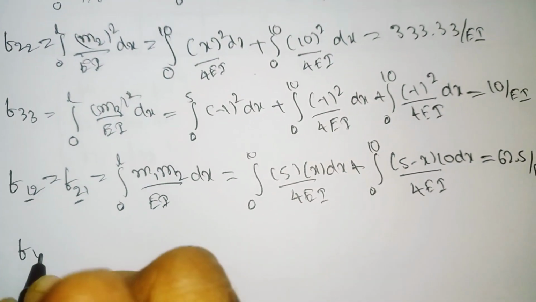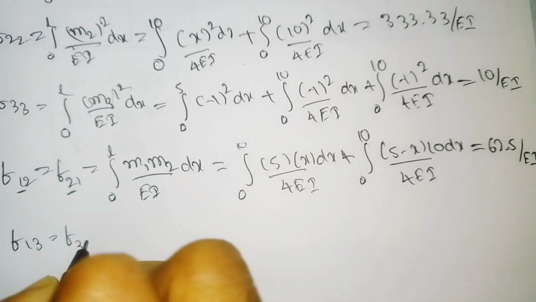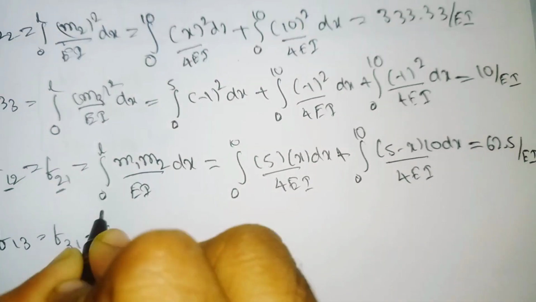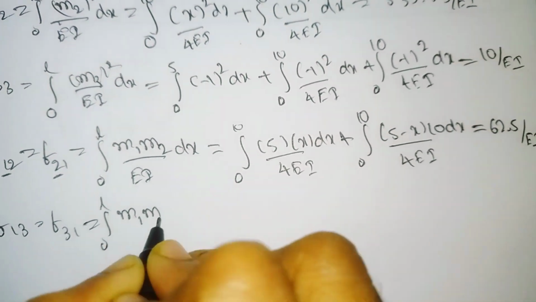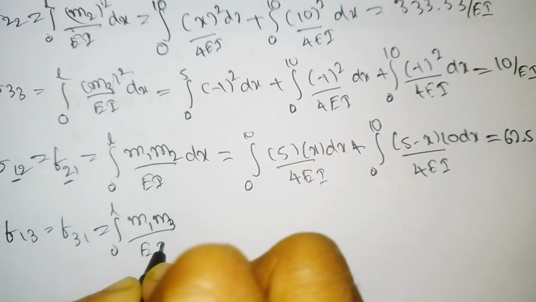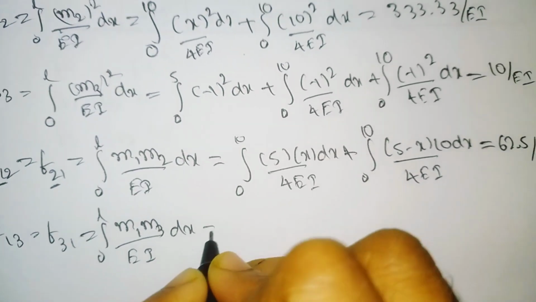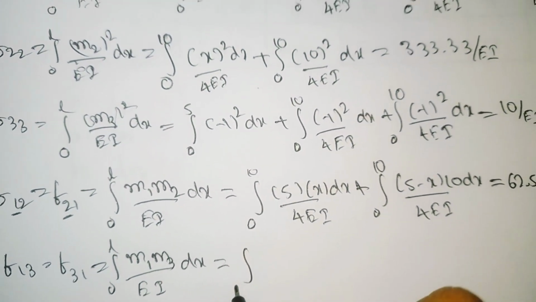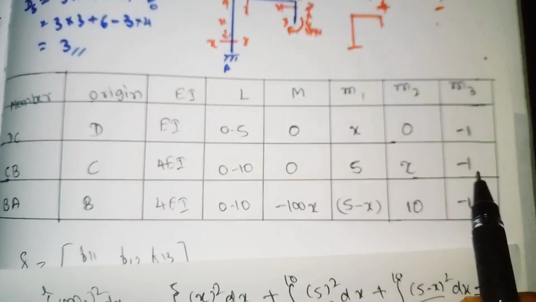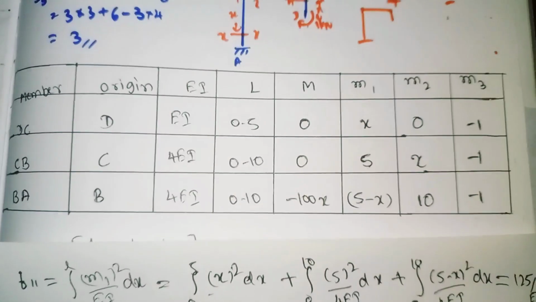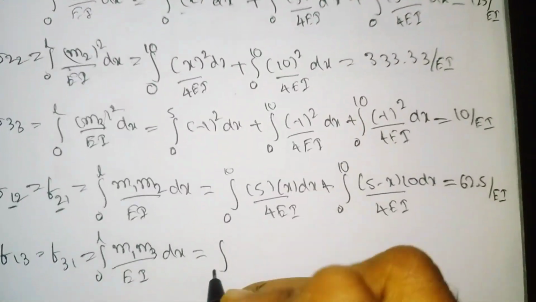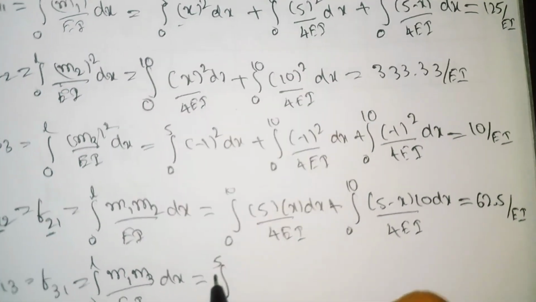Similarly for f13 is equal to f31, integration of 0 to L m1 into m3 divided by EI into dx is equal to integration of this into this, and this into this, and this into this. So limit is 0 to 5, 0 to 5.